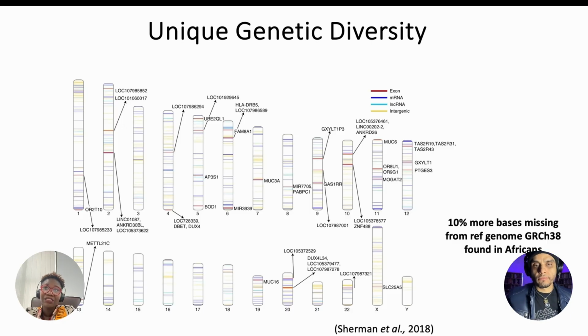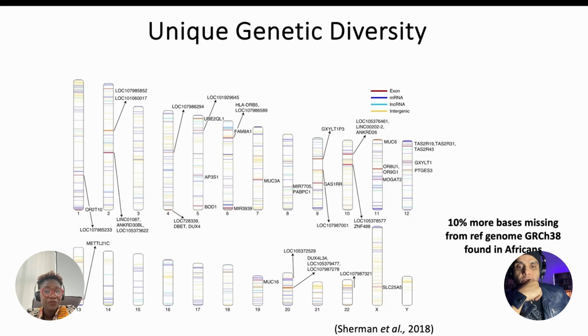So 10% of the genome was different. Most of it was intergenic, but a significant amount of it overlapped with protein coding regions, which indicates that it could have some impact on genes, on coding regions.